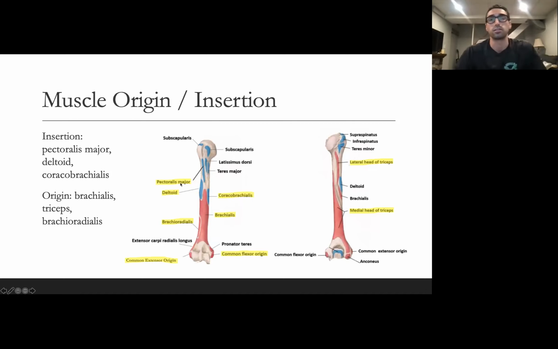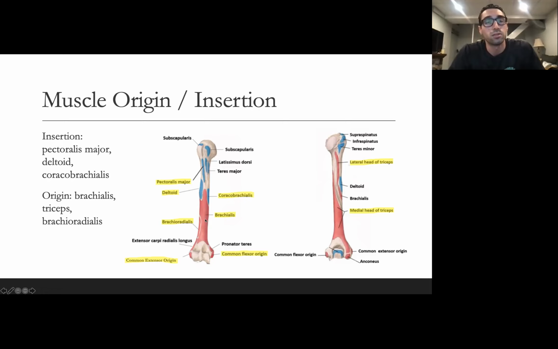All right, so moving on to muscle origin and insertions. Again, I just highlighted some of the more common muscles that are major deforming forces in humeral shaft fractures. So the pectoralis major inserts at the lateral lip of the intertubercular sulcus. You have the deltoid tuberosity, the deltoid inserting at the deltoid tuberosity, and the coracobrachialis, which inserts on the medial side of the humerus.